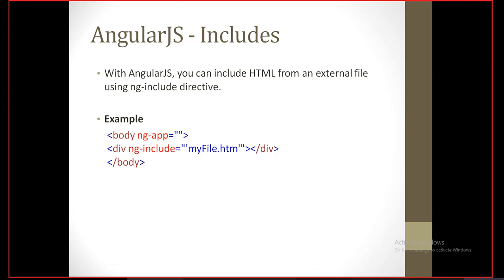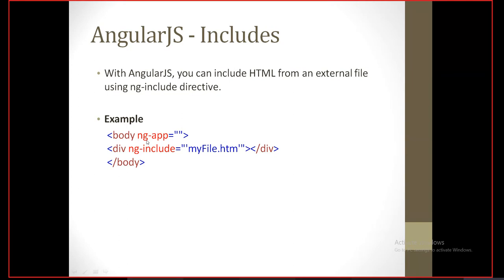Next is includes. Whenever we need to refer to any external file, maybe an HTML file, anything, in that case we will have to use the ng-include directive. For example, we are defining an AngularJS application for the entire body of the HTML page.